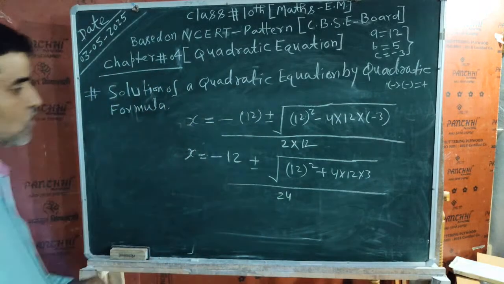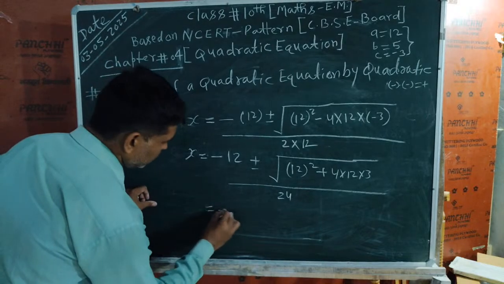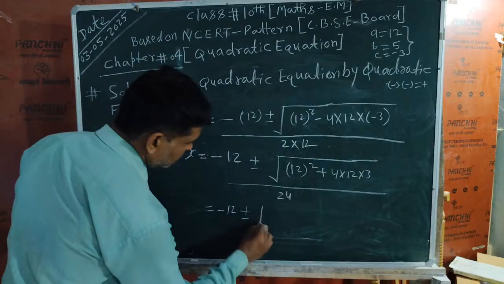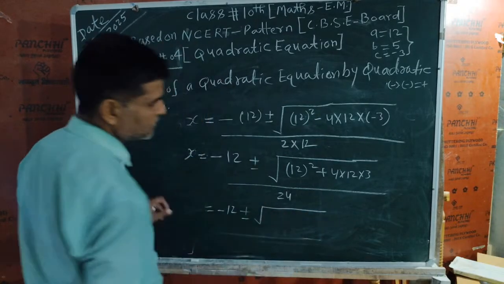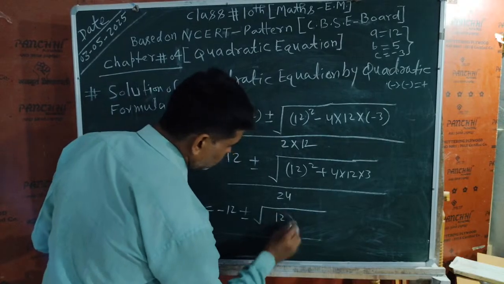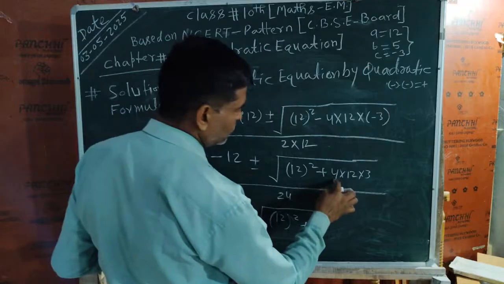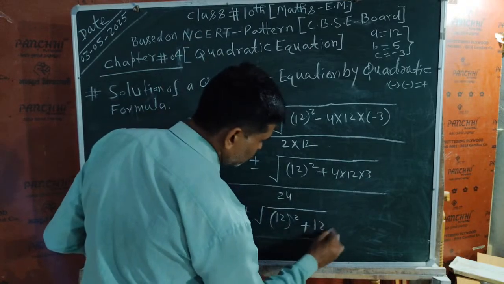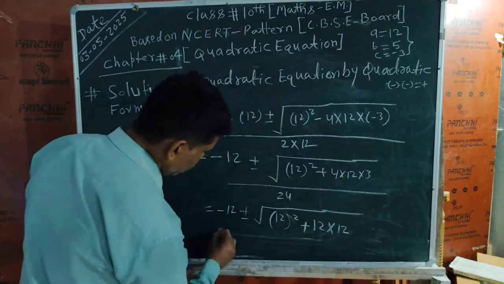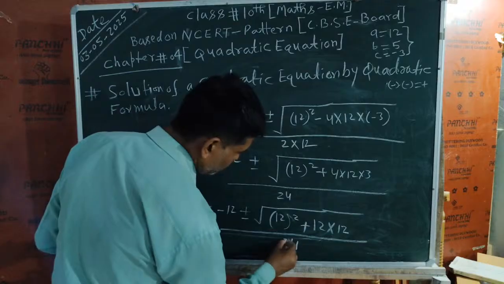Okay student, so further I can write like this again: minus 12 plus minus square root. In the square root I can write 12 square plus, here 4 3 is 12, so 12 into 12 I can write, and divided by 24 I have to write here.